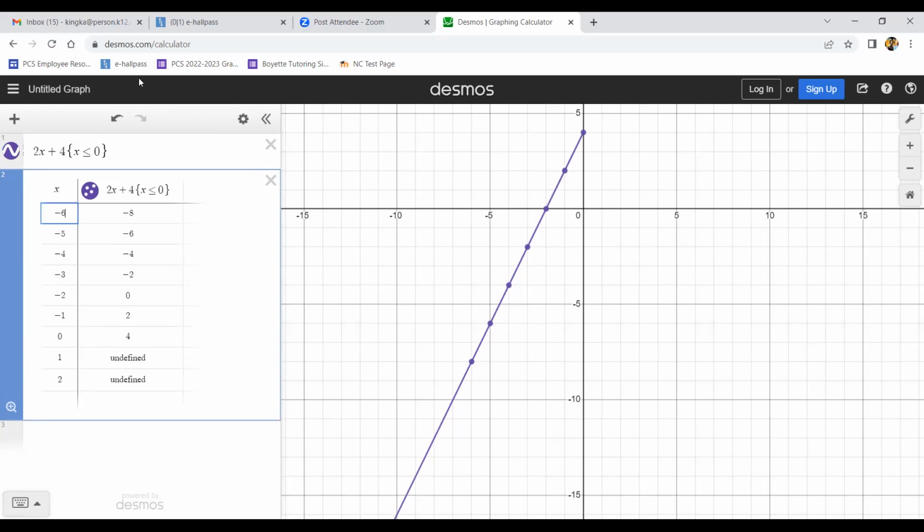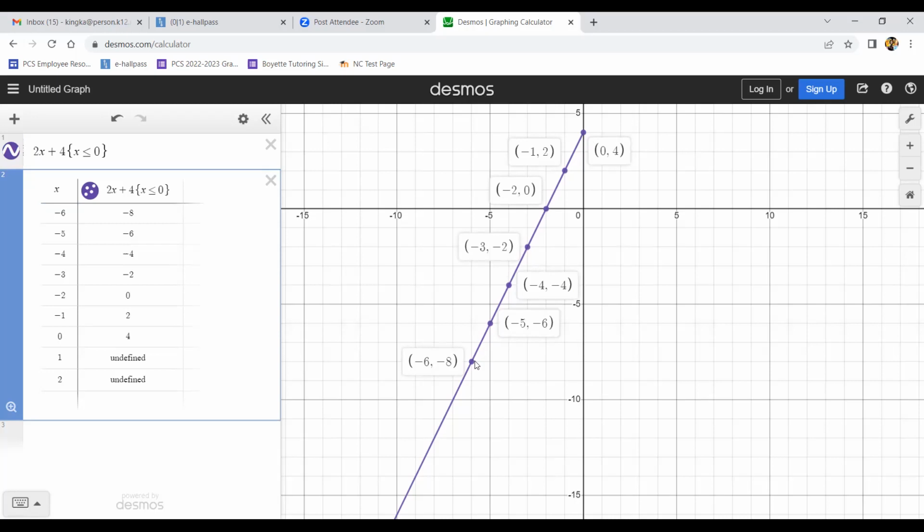Is 0, 4 filled in or not filled in? Filled in, and you can tell because Desmos will show you. Either you'll click on it and the point shows up, or you'll click on it and the point will not be filled in and it will refuse to tell you what the y coordinate is. It'll tell you that it's undefined. Okay, so all these points are actually there. They're all filled in. And we know that we're going to draw these points and connect them with a straight line.